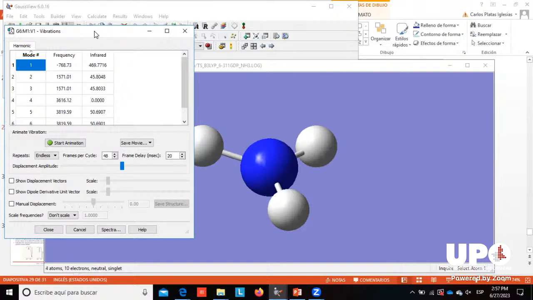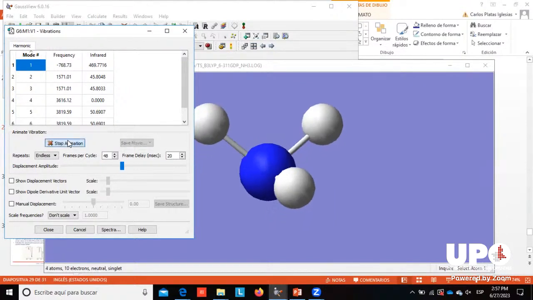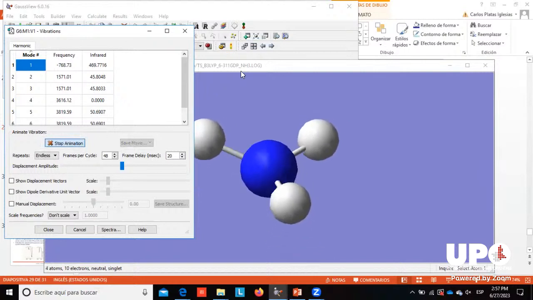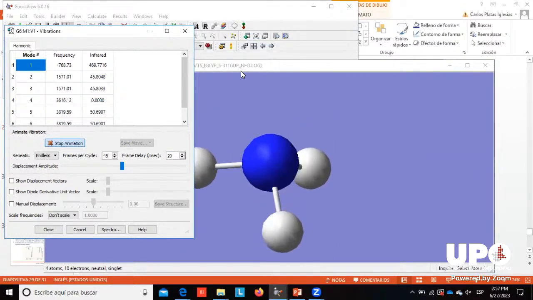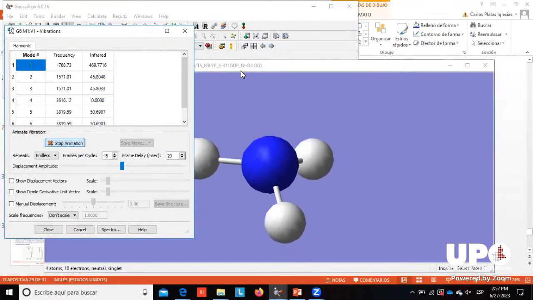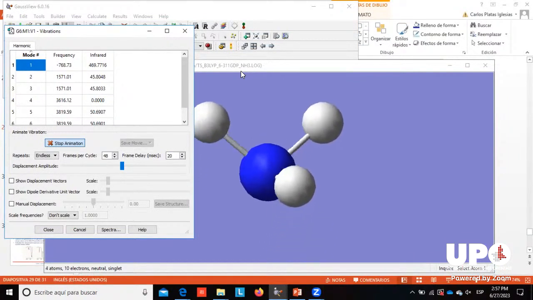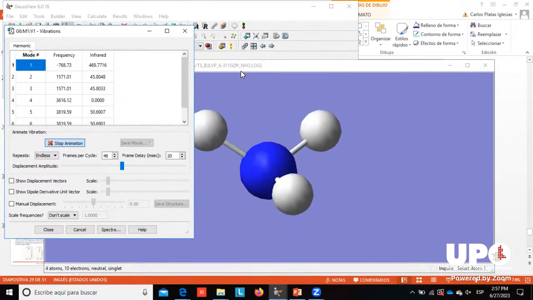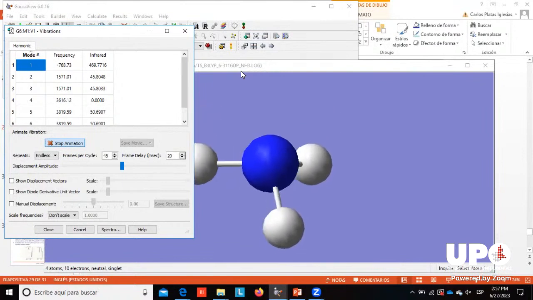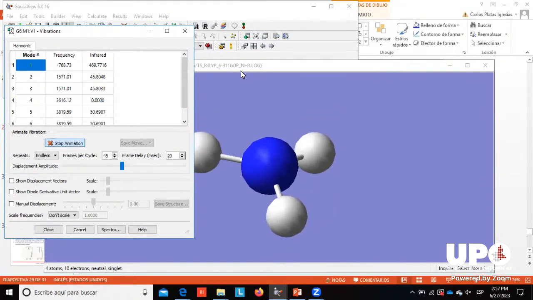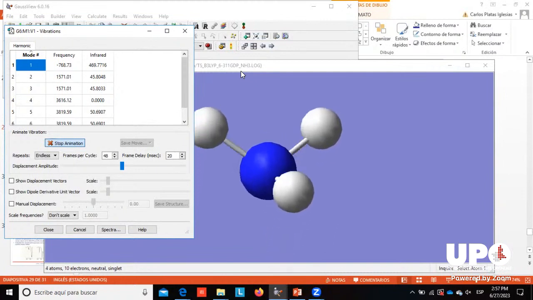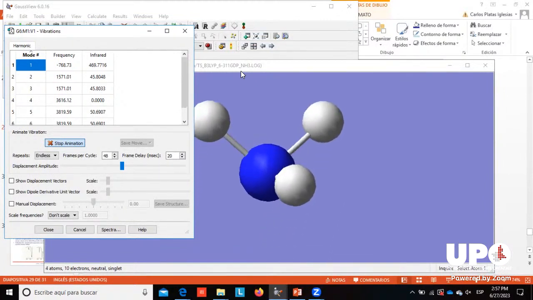Okay, so we always have to play the vibration, so the animation of our negative vibrational frequency, so that we see how nuclei are moving for that negative vibrational mode, and the atom displacements should correspond to a movement that connects reagent and product.